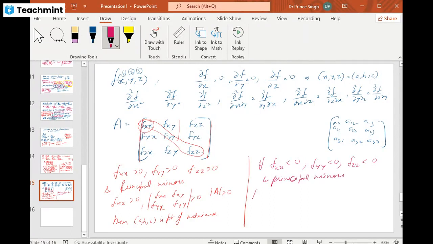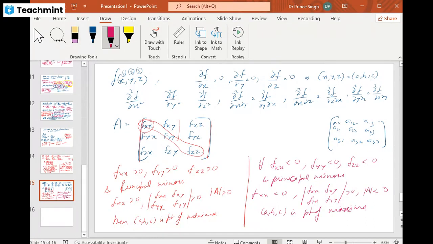Alternate means the first one is negative, the second one is positive, and the third one is again negative. Negative, positive, negative. Then ABC is the point of maximum. And if they are not of the same sign, then it is a point of neither maxima nor minimum, right?